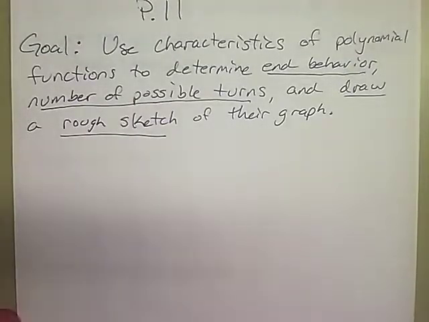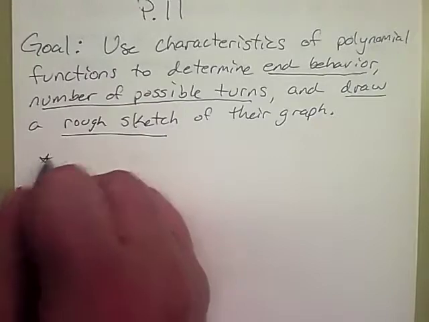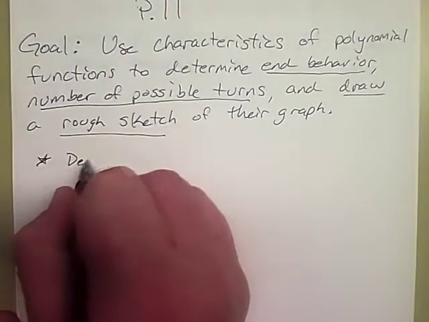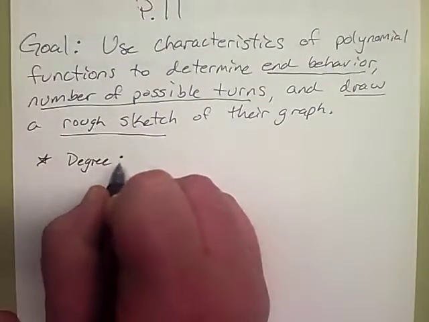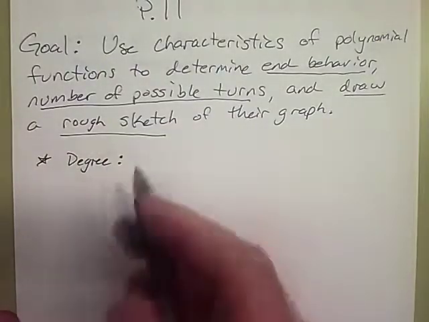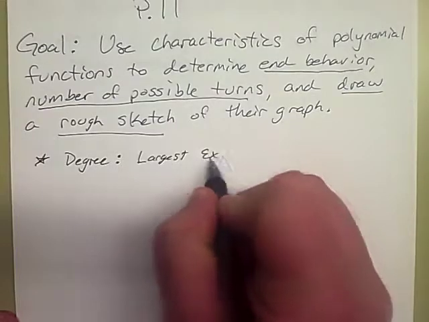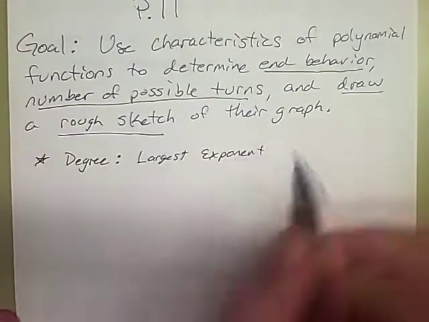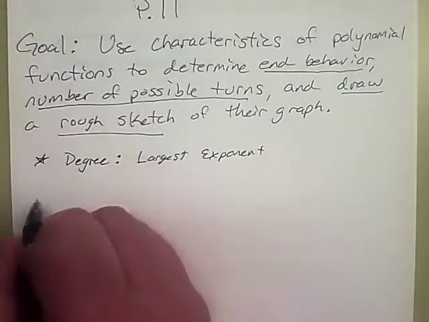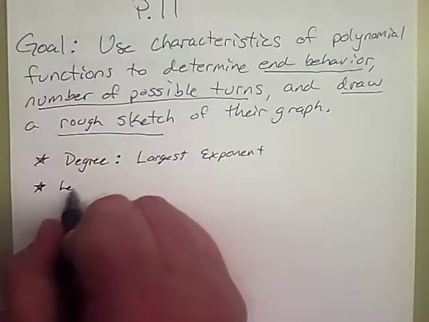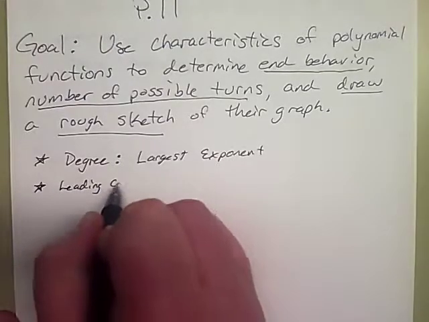Now, the two big characteristics that we want to pay attention to, the first one is going to be the degree. Now, again, the degree of a function, that is the largest exponent. We all know that. Right, we've dealt with this one before. And then we're going to use the leading coefficient.